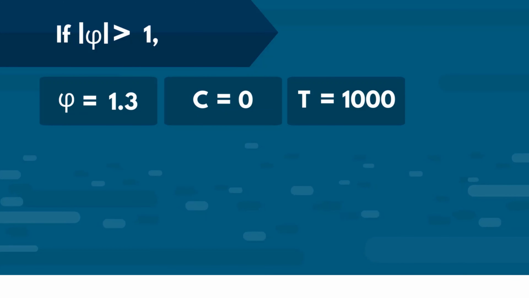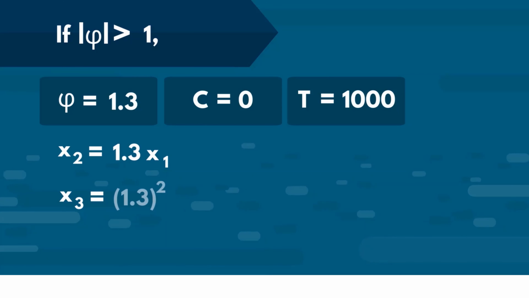Then the value at period 2, x2, would equal 1.3 times x in period 1. Since x3 equals 1.3 times x2, we can substitute x2 and get 1.3 to the power of 2 times x1.